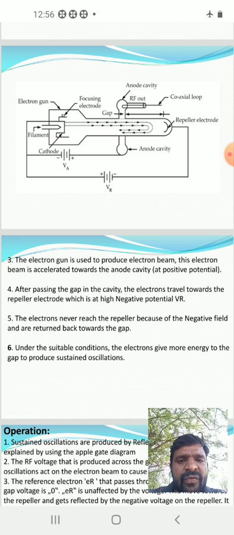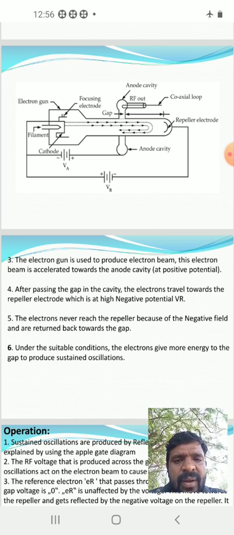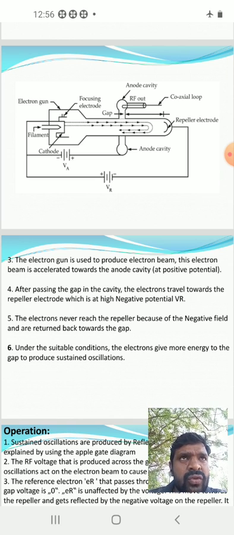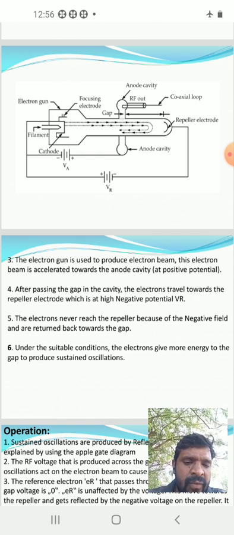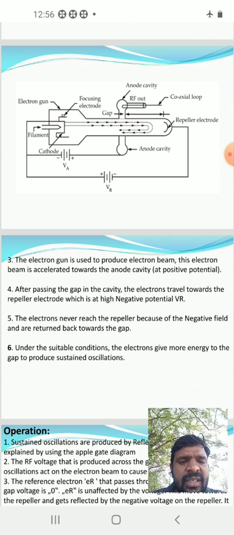That means if electrons are transmitted from the filament to the repeller electrode, and the repeller electrode is at a very highly negative voltage, then the electrons are reflected back. So forward electrons and reflected electrons are combined in the vacuum tube.